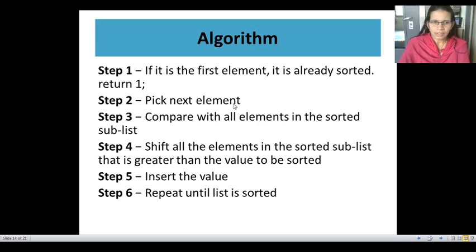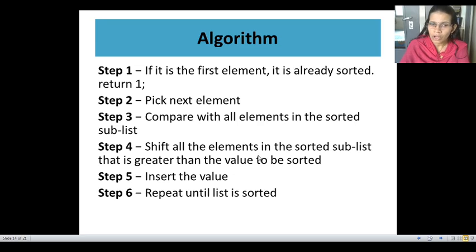Pick the next element, select the second element. Compare it with all the elements in the sorted sublist. Shift all the elements in the sorted sublist that are greater than the value to be stored.